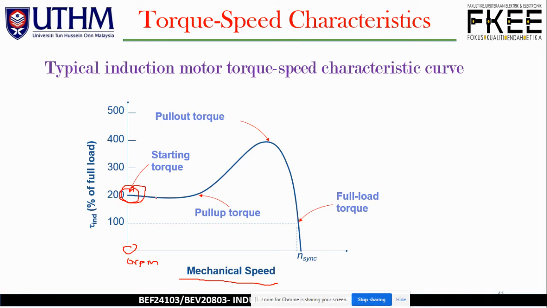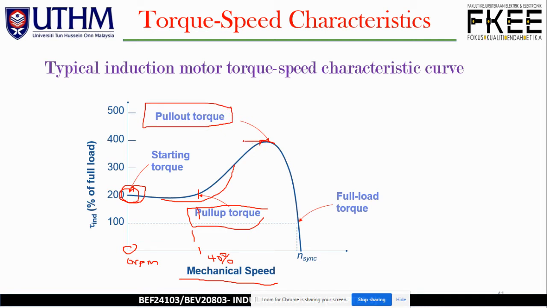As the curve increases with respect to mechanical speed, at this particular point, for example, almost 40% of the synchronous speed, we may get the pull up torque. Then it reaches the maximum peak of the curve, which we call the pull out torque.